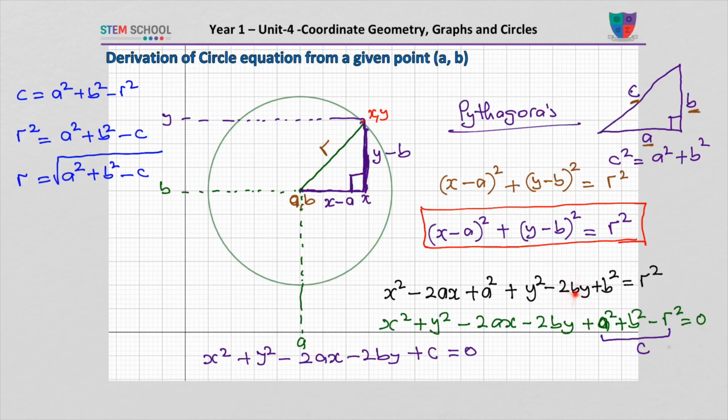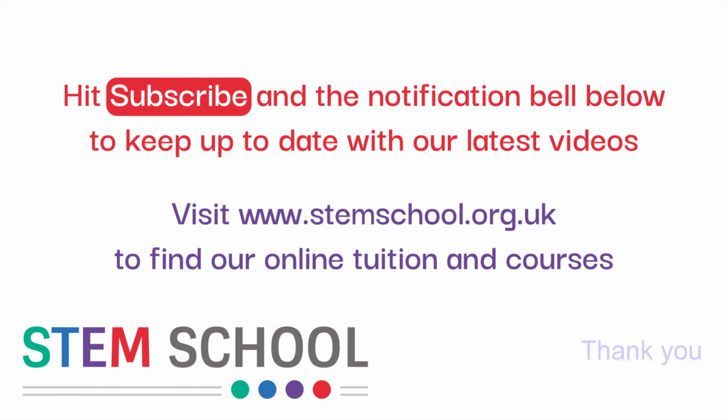We can rearrange, expand this equation and turn it into x squared plus y squared minus 2ax minus 2by plus c, where c equals a squared plus b squared minus r squared here. And then we can rearrange that and say, well, r equals square root of a squared plus b squared minus c.